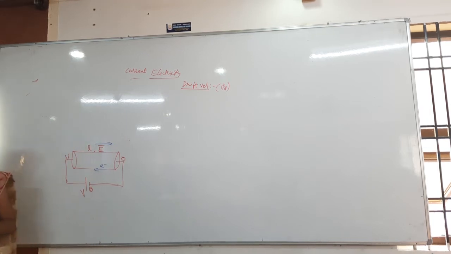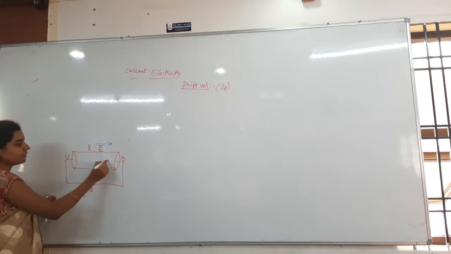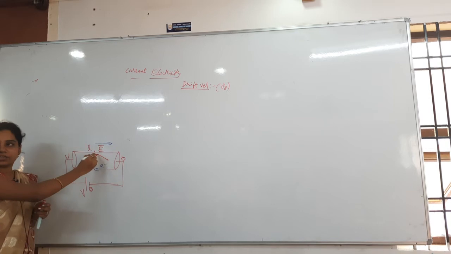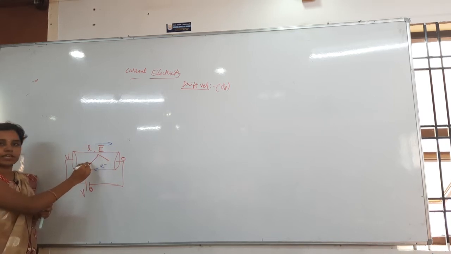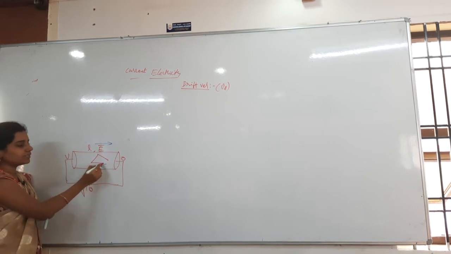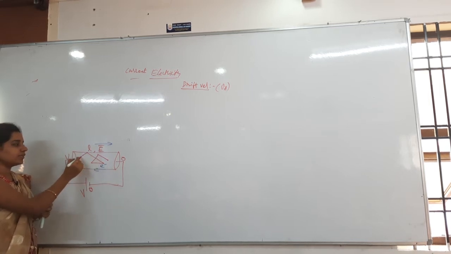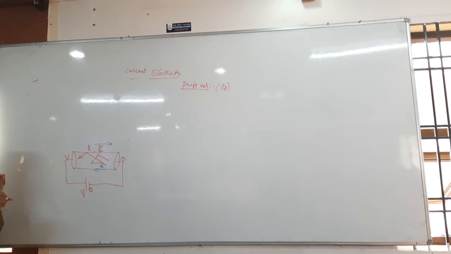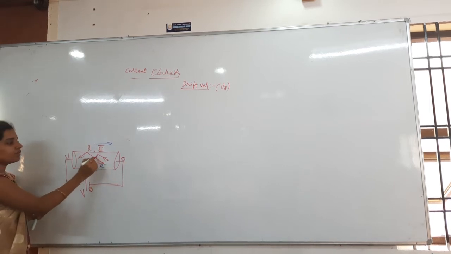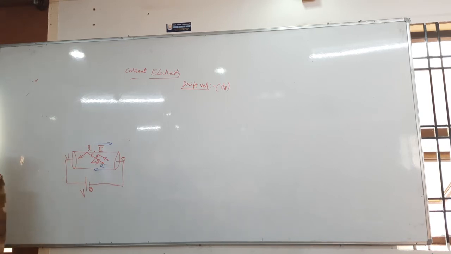Due to thermal velocity, they are moving in random, zigzag motion. Let me take this electron: it goes here, collides with another electron, changes its direction, collides again, changes direction again. So a number of collisions will happen and then finally it will come towards the positive terminal of the battery.